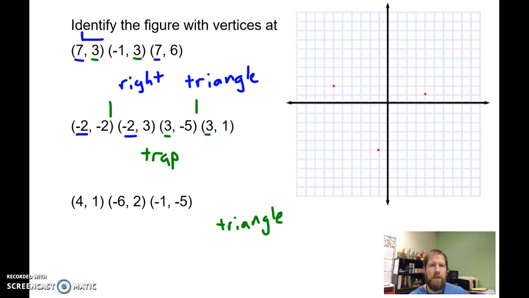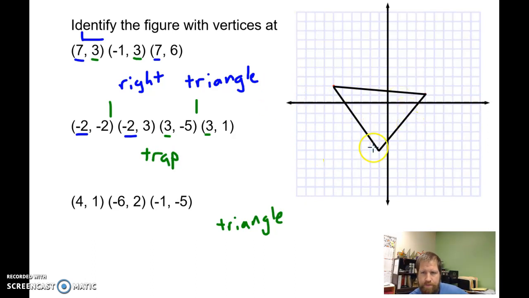Okay. All right, and I'm going to draw some lines so I can see how things are shaping up a little bit better.